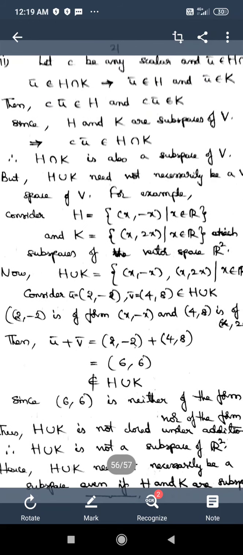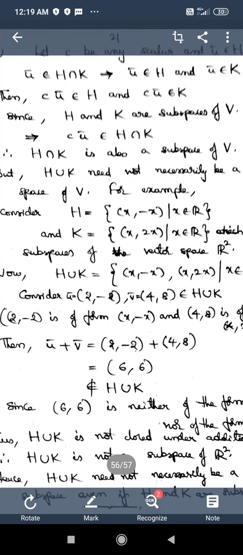So u bar belongs to H intersection K implies u bar belongs to H and u bar belongs to K. Then if u bar belongs to H and C is any scalar, by the property of the subspace H, the scalar multiplication exists in H, and that is how Cu bar belongs to H. Similarly, Cu bar belongs to K, as K is a subspace of V, which is already given to us.